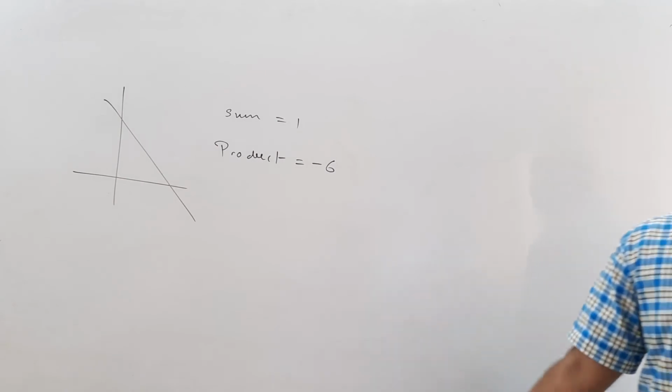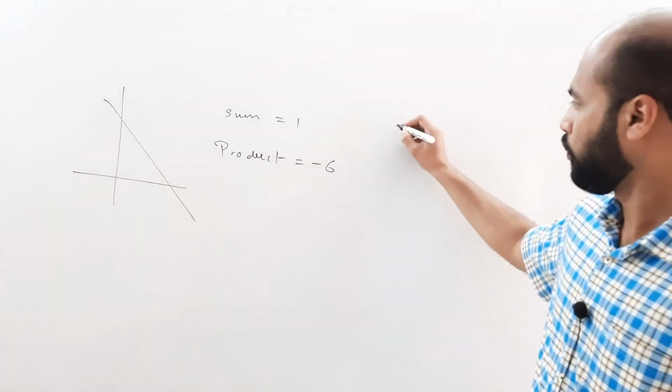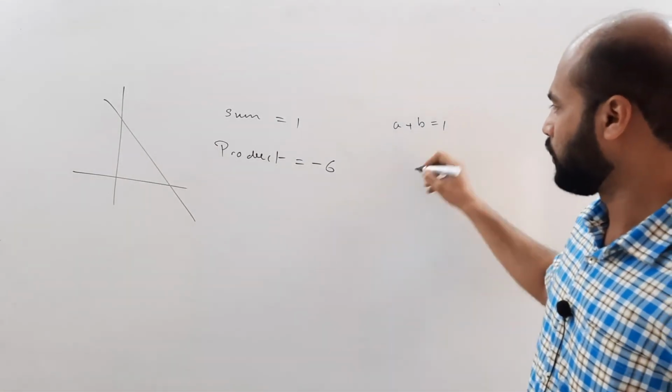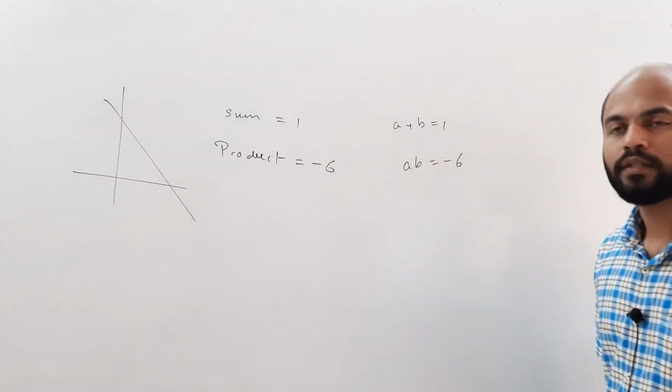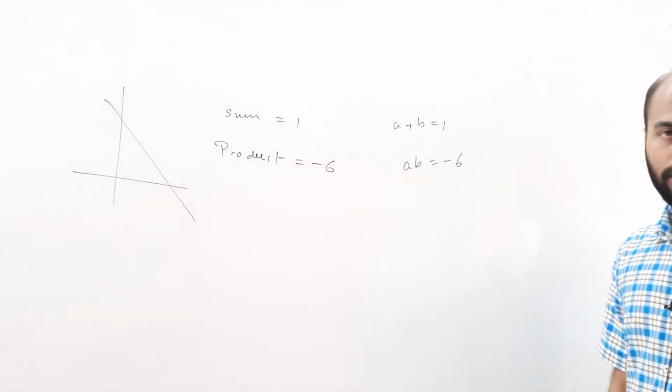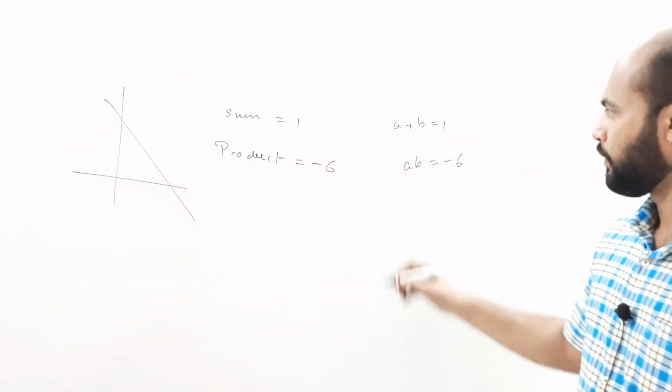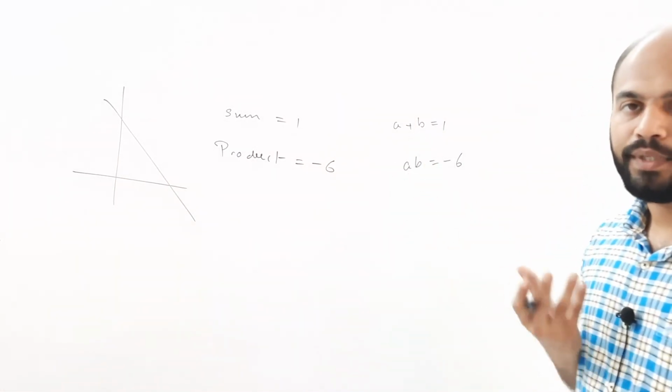We have to find the equation of this line. So what we can write from here is a plus b is 1 and ab is minus 6. Once we have found this, we are in a position to find out the equation of this line.